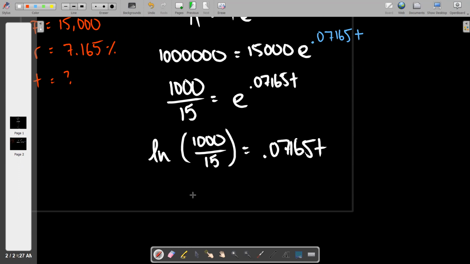That means that for that money to turn into $1 million at that interest rate would take approximately 58.61 years. That's not unreasonable. It seems like a long time, but if you invest that money when you're 18, then when you're 76, looking for some retirement fundage, there you go. So that is how all of this works.